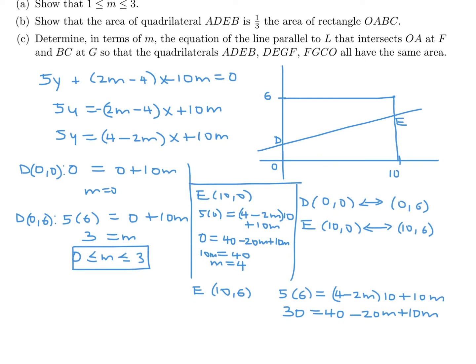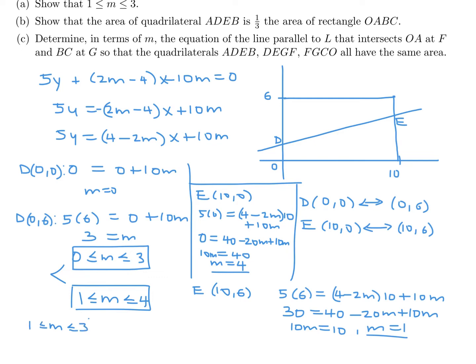And therefore 10 is equal to 10m, and m is equal to 1. So from 4 and 1, we get that m is between 1 and 4 inclusive. Now we have to combine these two and get a common range. The numbers common to both are m between 1 and 3. And that is pretty much what they wanted us to show.